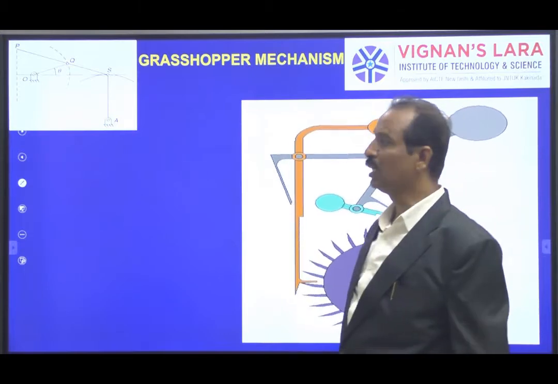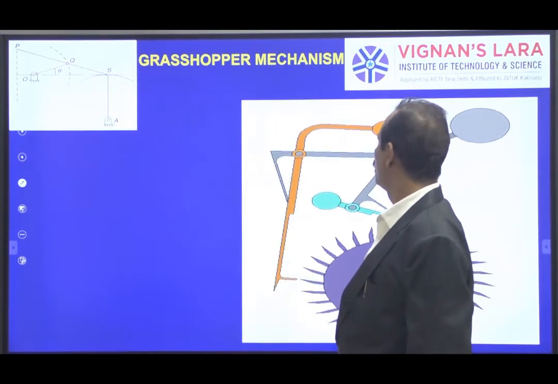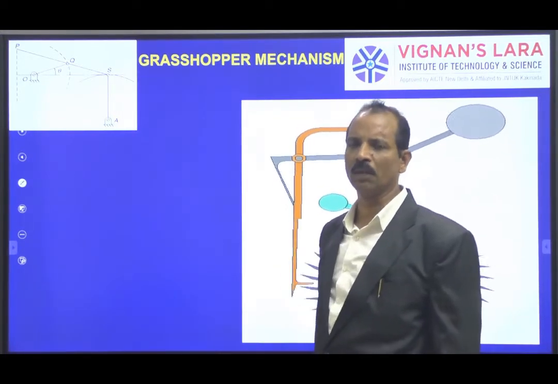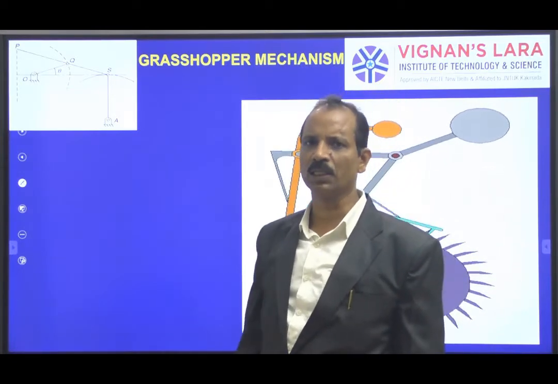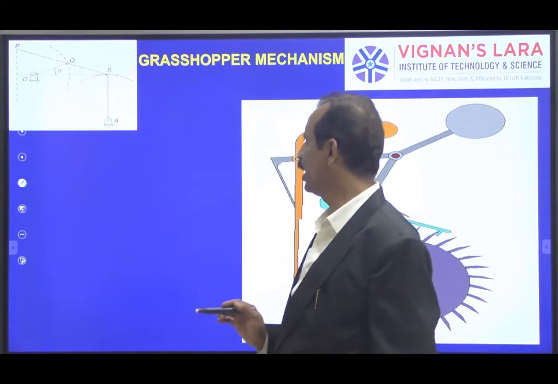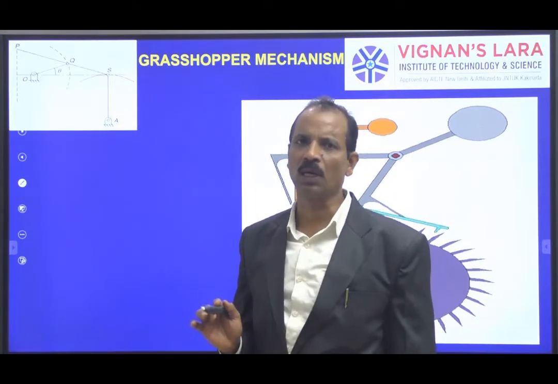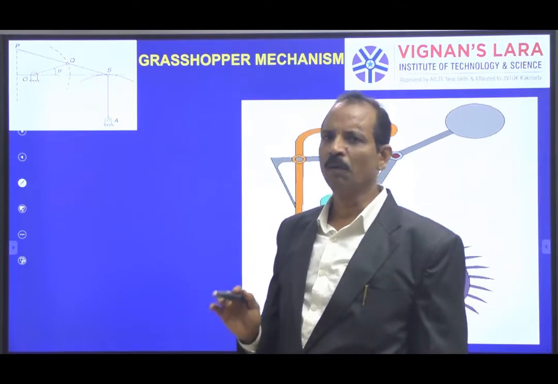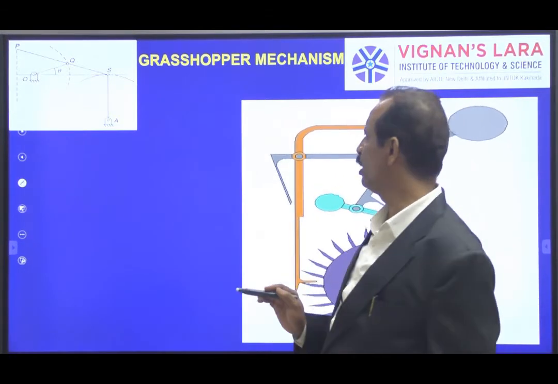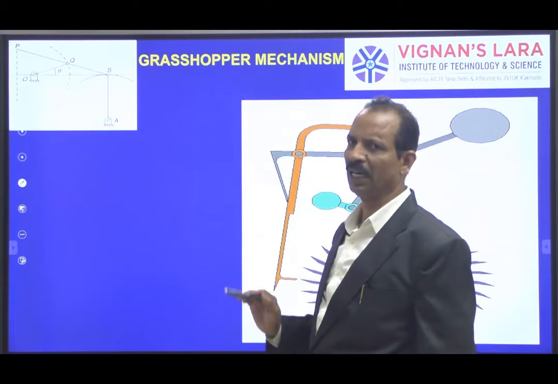Now let us see the grasshopper mechanism. This grasshopper mechanism is similar to the modified Scott-Russell mechanism, but in the modified Scott-Russell mechanism we have a sliding pair, whereas here the sliding pair is replaced by another turning pair.